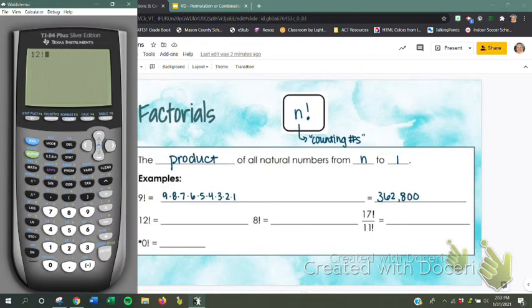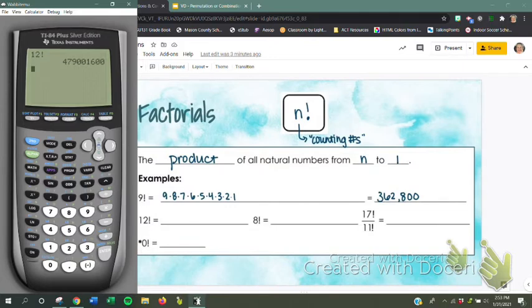And you can see that this says 12 exclamation point, which is exactly what our problem says. So when we hit enter, it's going to tell us that this is equal to 479,001,600.